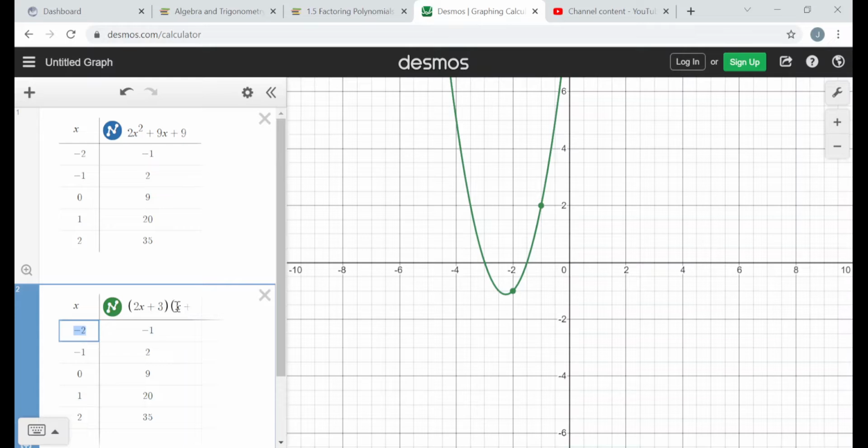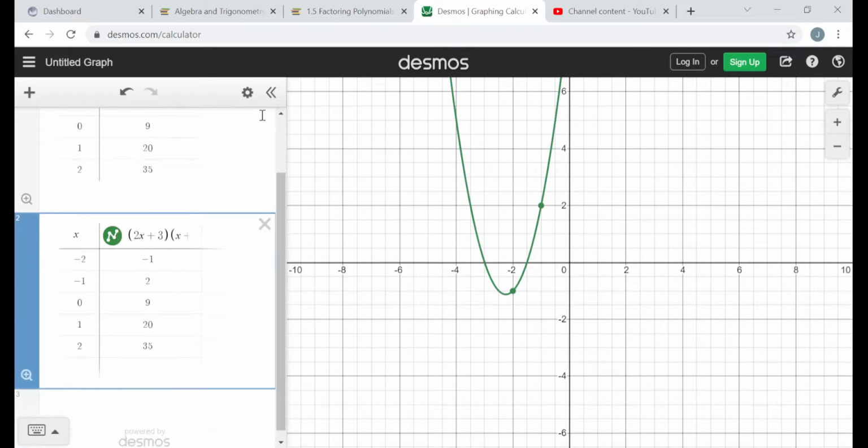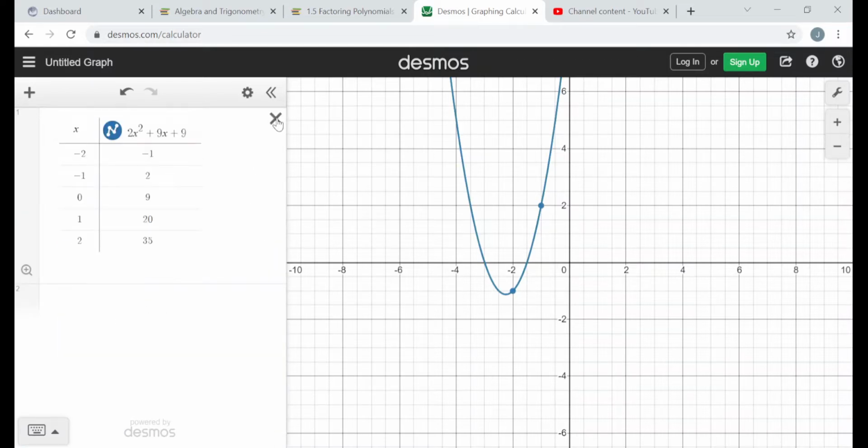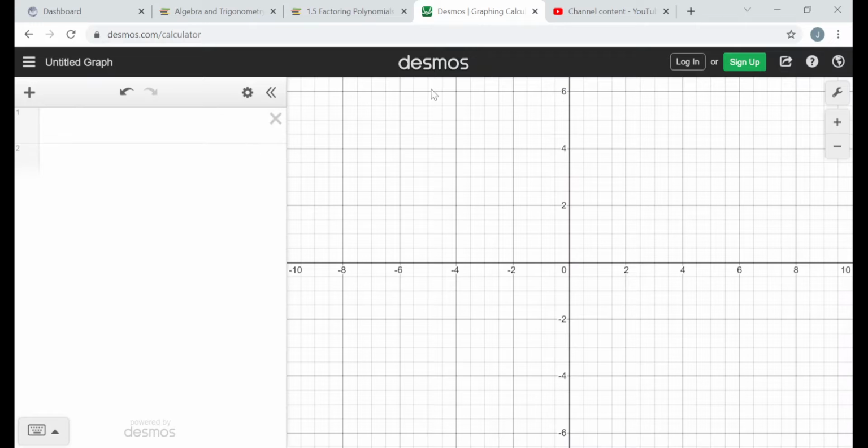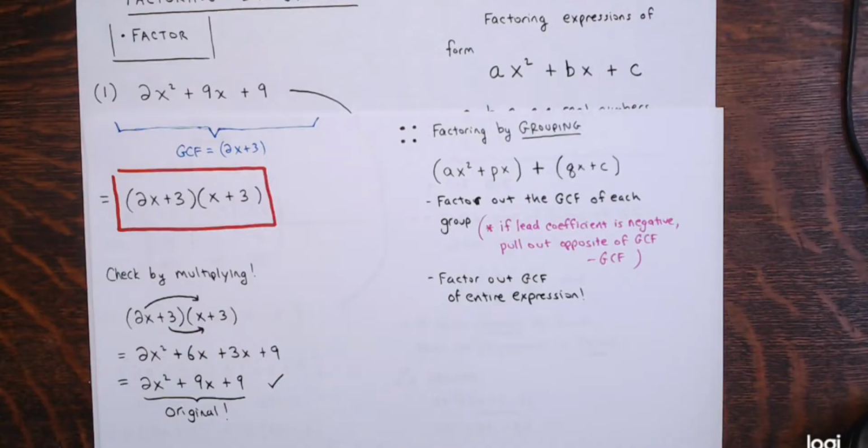For the factored form, when x is negative 2, the value of that expression is negative 1 also. You could plug in whatever you want for x, and you'll get the same matching value for both of these, no matter what you plug in for x. And that should happen if two expressions are truly equal. They'll have the same value no matter what you plug in for the variables.